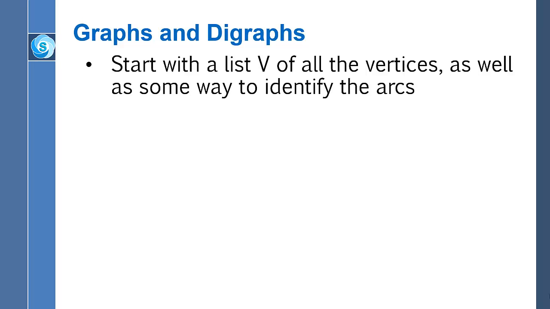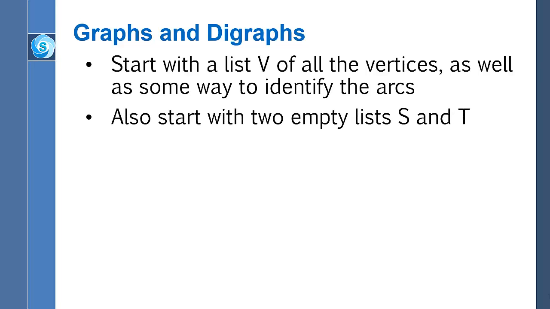But it has to be said that this is not a particular order. This is just some arbitrary order. Okay, so begin with a list of all the vertices in some arbitrary order. And then we're also going to need two empty lists, two lists that we're going to start putting vertices into.